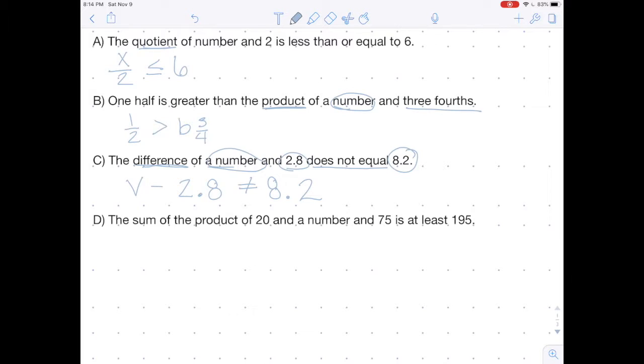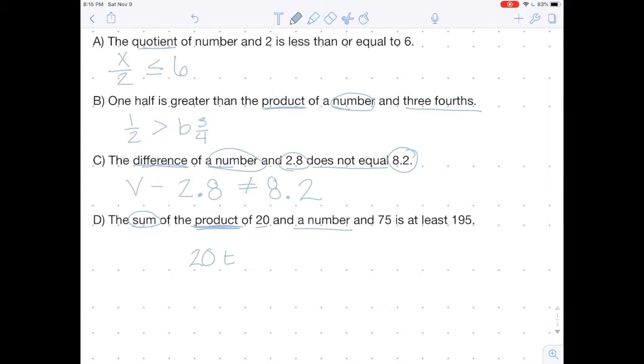Let's try one more here. D says the sum, so sum is addition, of the product, which is multiplication. So let's start there. The product of 20 and a number. So 20 times any number t.